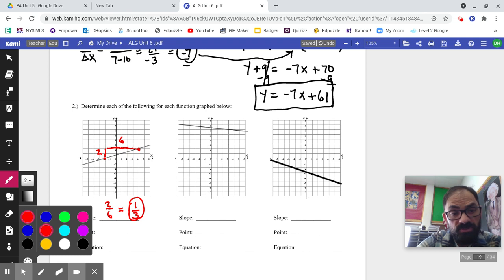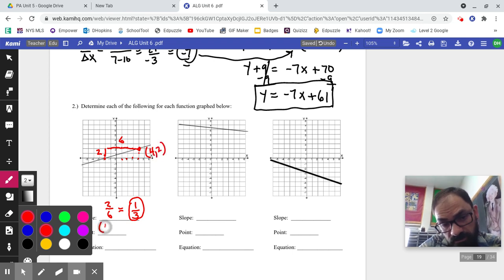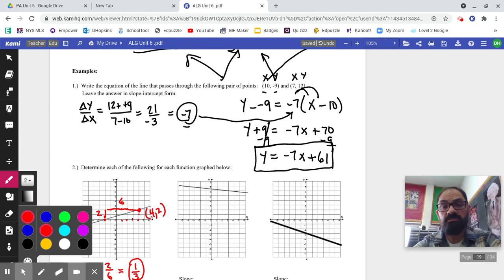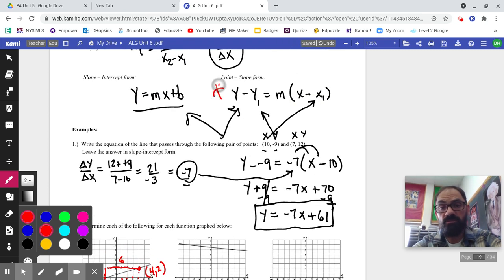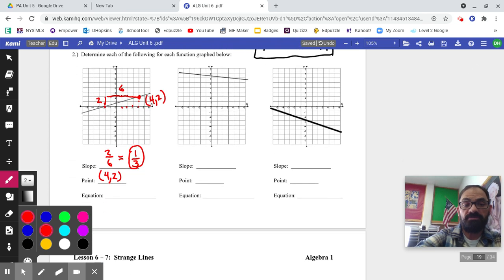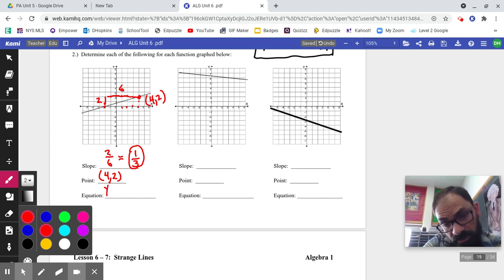What point do I want to use? Let's use 1, 2, 3, 4 up to, let's use this point, 4, 2. That's on the line. So I need to apply either one of these two formulas to write the equation of the line. So I'm going to write y minus my y, which is 2, equals slope times x minus my x.